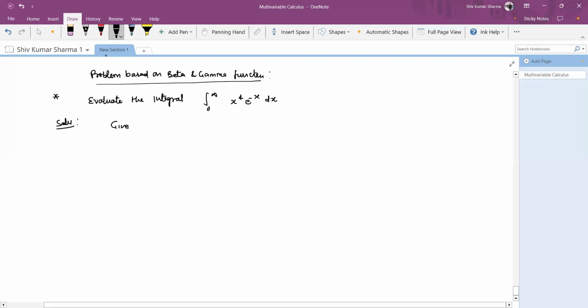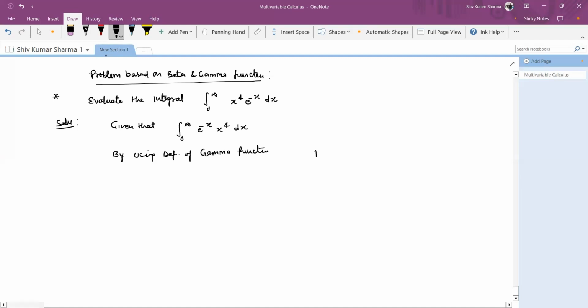So we write this as integral 0 to infinity e raised to the power minus x, x raised to the power 4 into dx, by using the definition of gamma function.